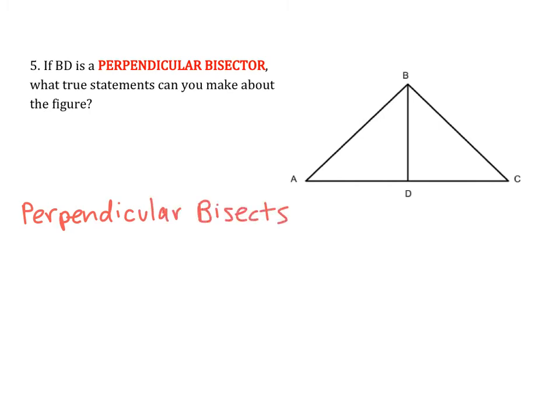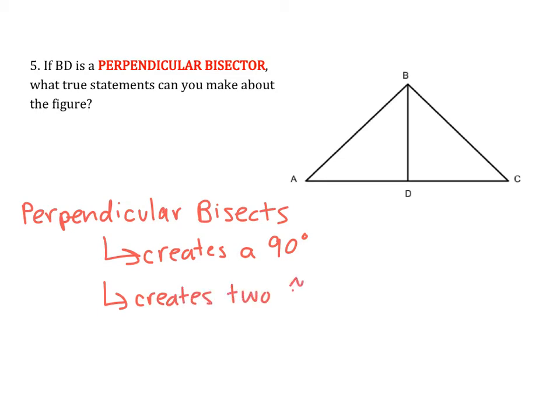The one thing that it does is it creates a 90-degree angle, which is why it's called perpendicular. And then the other thing it does is it creates two congruent line segments, which is the bisector part. So remember, a bisector cuts things in half.